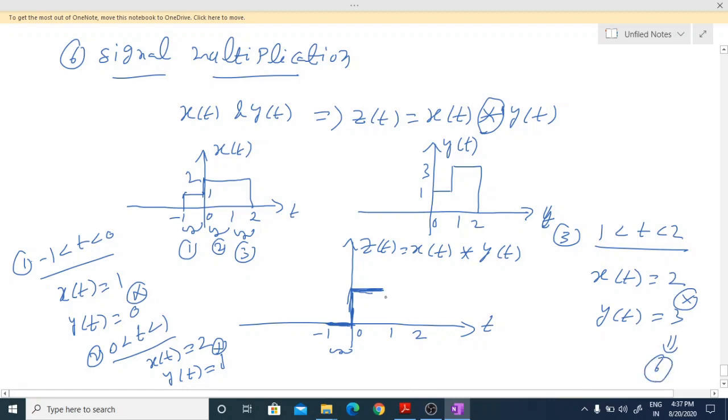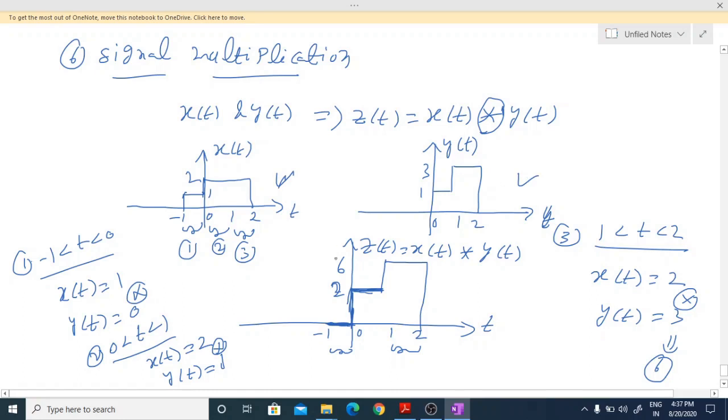So the z of t amplitude in between t values 1 and 2 is 6. So this is the signal we get after multiplying the x of t and y of t signals.